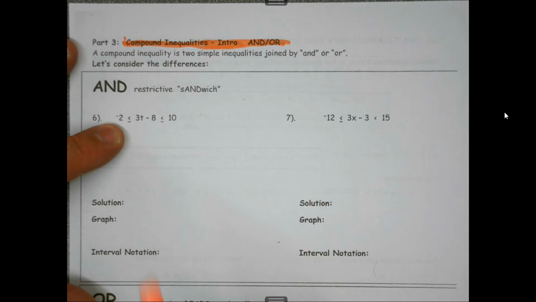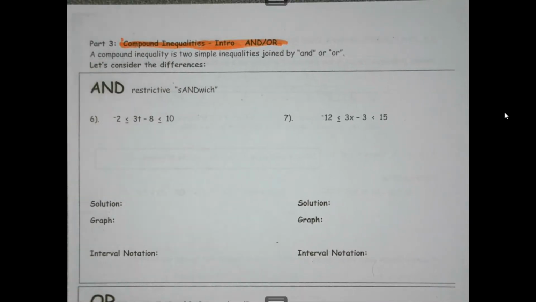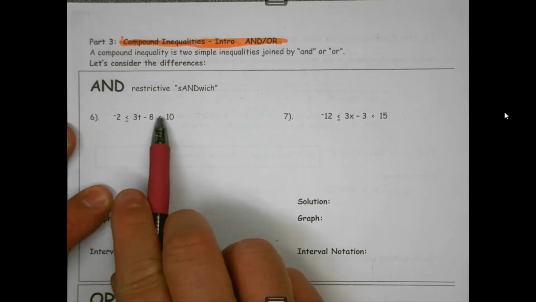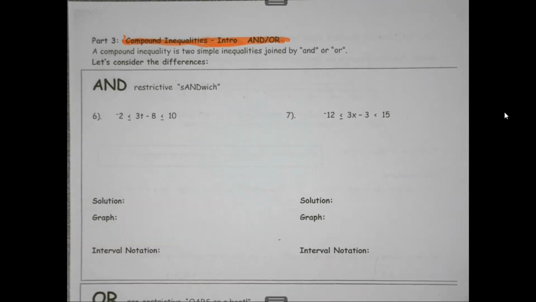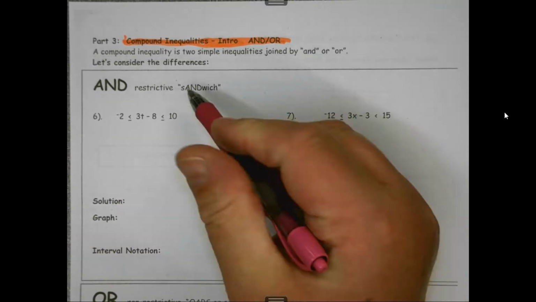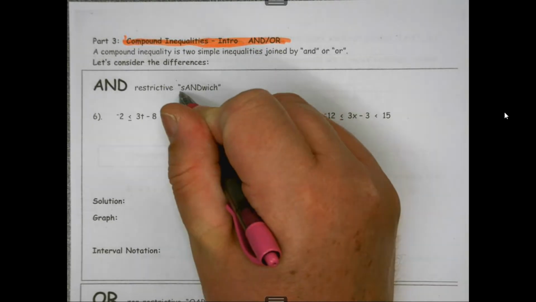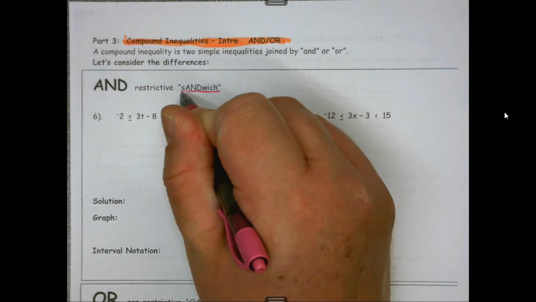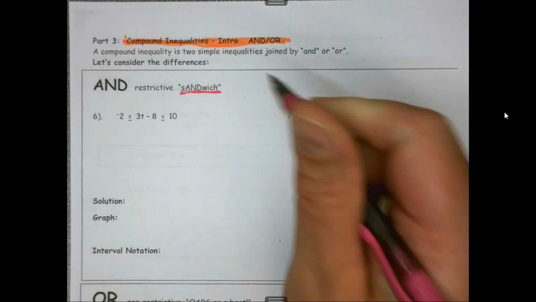Now, you're probably looking at this saying, well, there's only one inequality statement. Yes, but, and this is a good acronym for this, they're sandwiched. This is actually two inequalities.